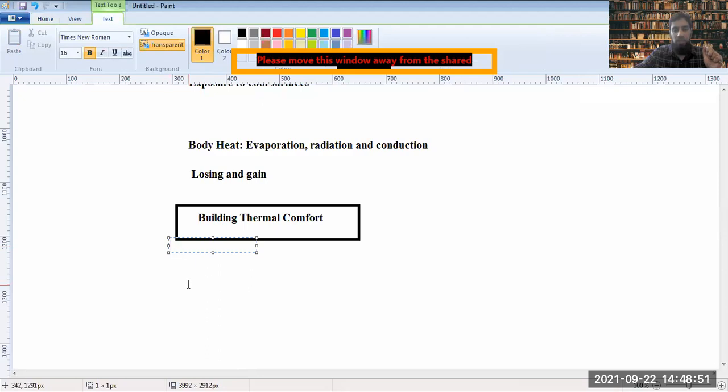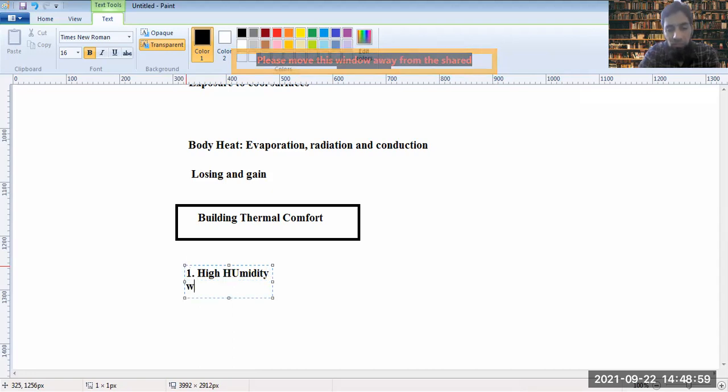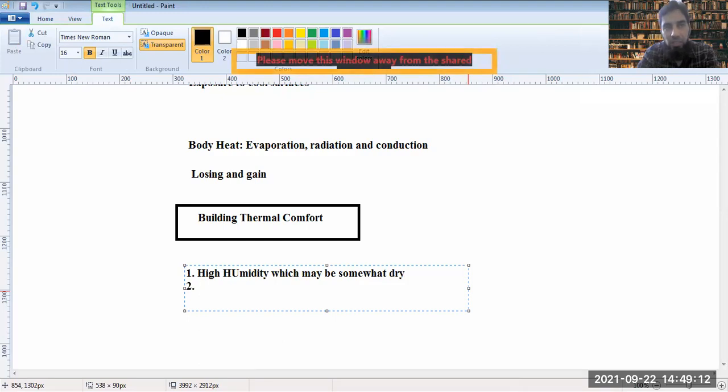So, the first season that we experience always has high humidity, which may be somewhat dry. It's not totally dry, it's somewhat dry. In most parts of the world, you may have humid with dryness as well.